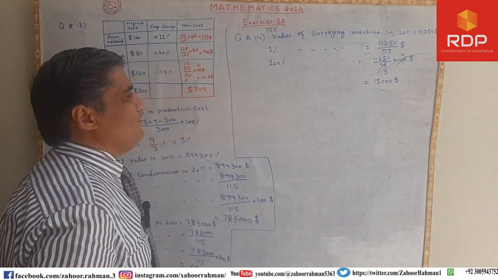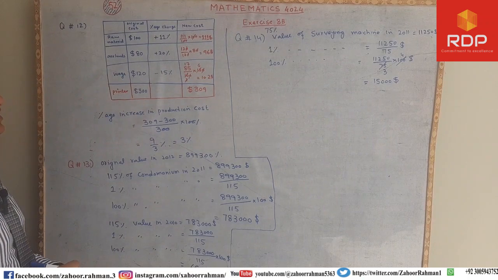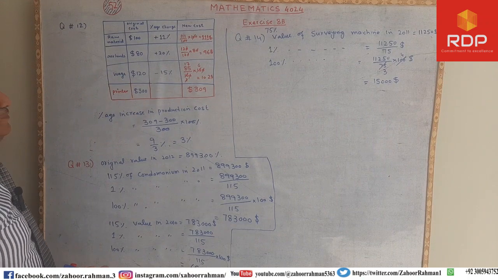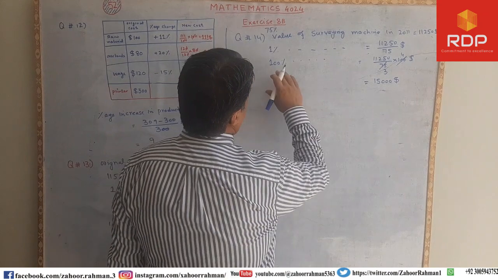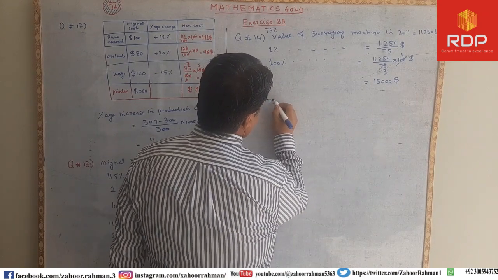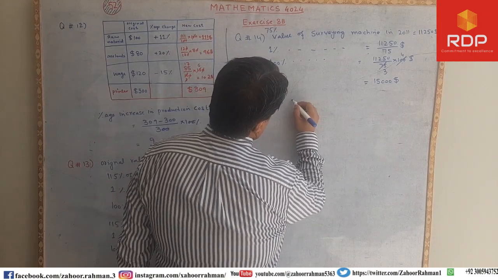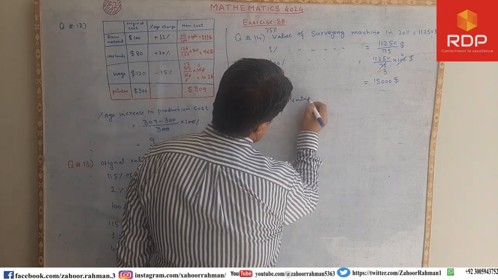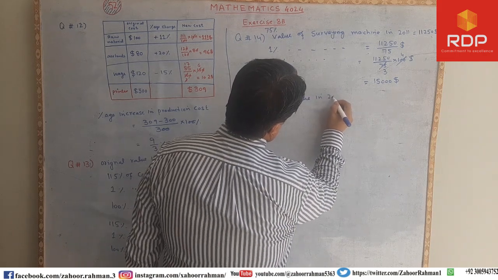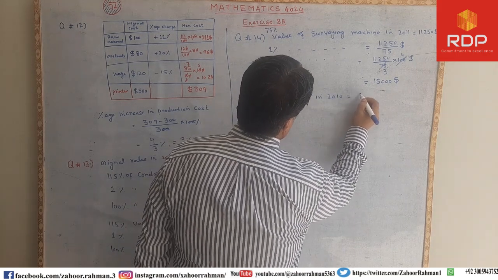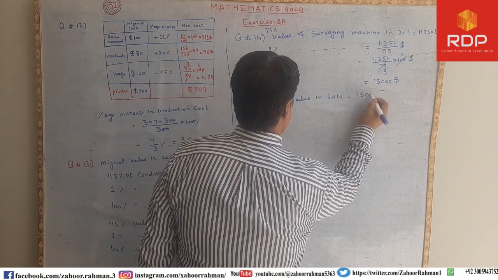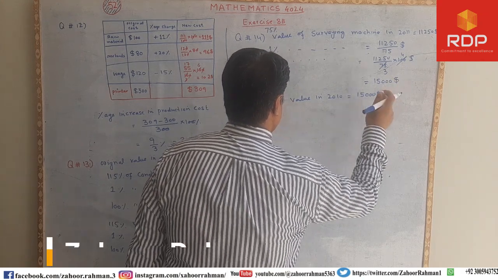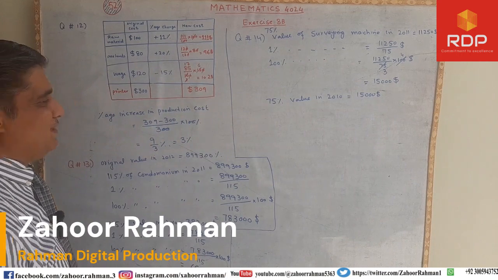Now that was 15,000 in 2011. We have to find, so again, 75% value in 2010 is equal to 15,000, which we found in the previous part.